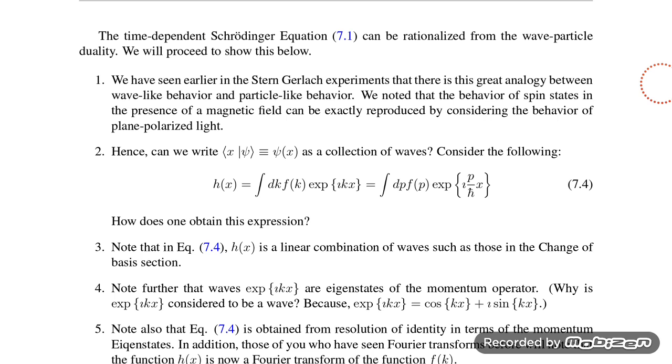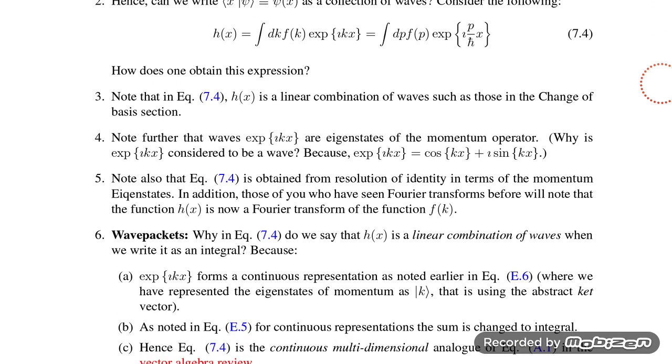Further, the waves exponential iota kx are eigenstates of the momentum operator, because exponential iota kx is equal to cos kx plus iota sin kx.